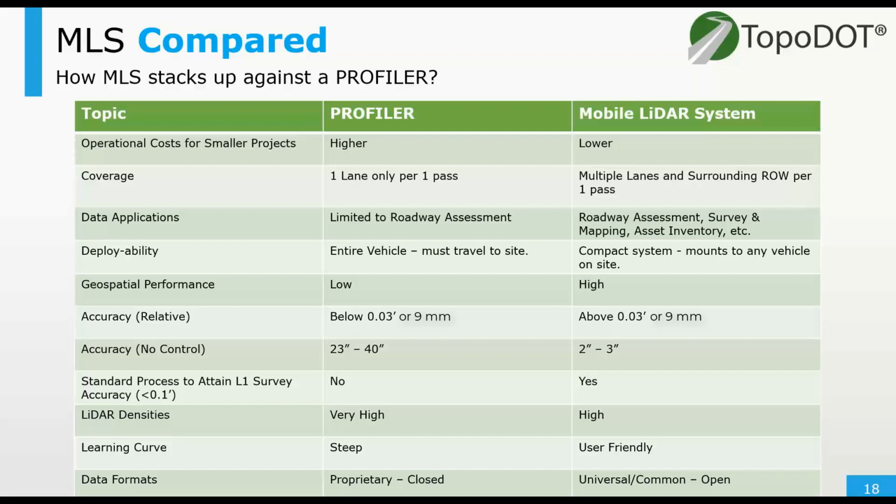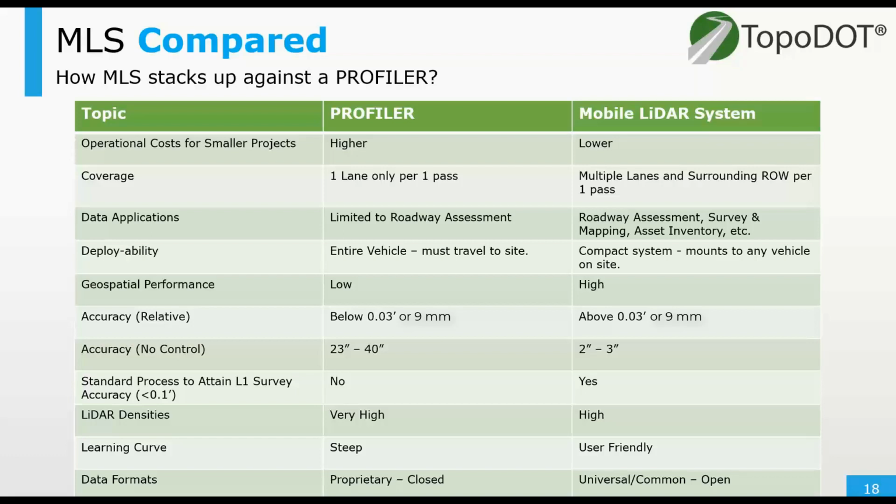And then as for a standardized process to get survey accuracy, well, that's established in the mobile LiDAR industry, and it's very repeatable. Not so much for the profilers. Profilers don't really have a system or a well-known strategy for georeferencing these things at survey accuracy.